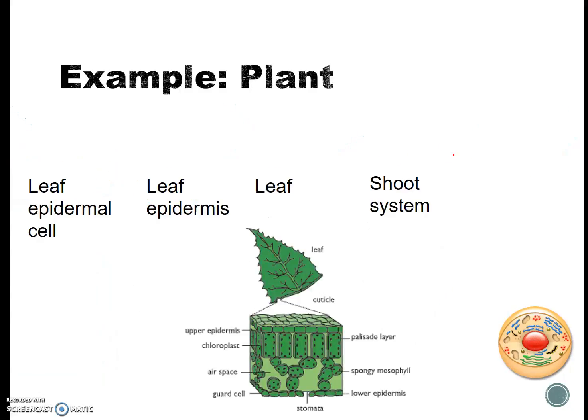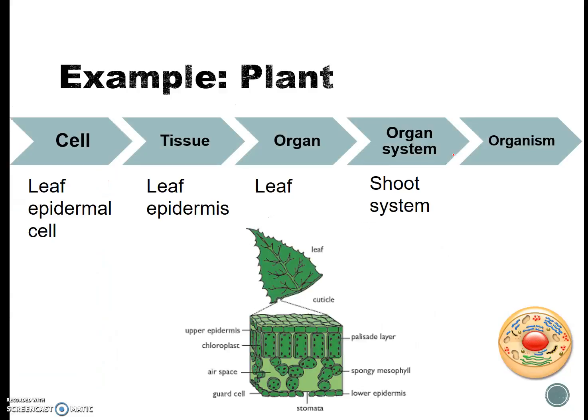One last example. We talk about leaves. Remember, the leaf has many different cells. One of the cells is called the leaf epidermal cell. This one here at the top. One cell in the upper epidermis, the epidermal cell. All of these many upper epidermis cells together form the epidermis, the tissue.